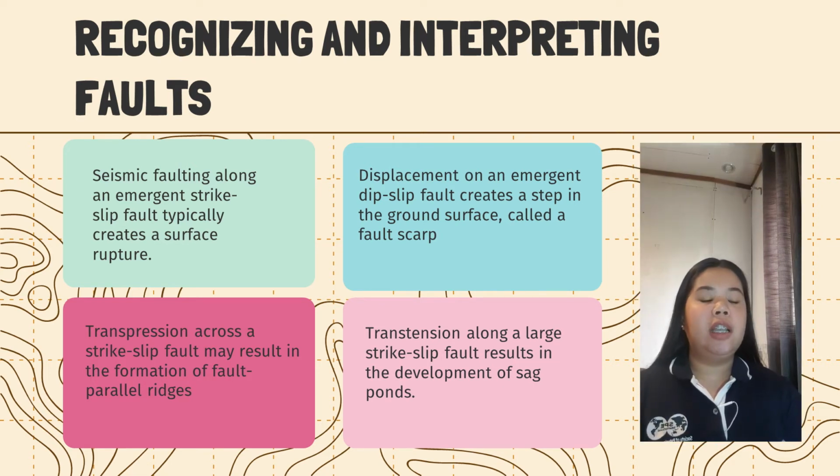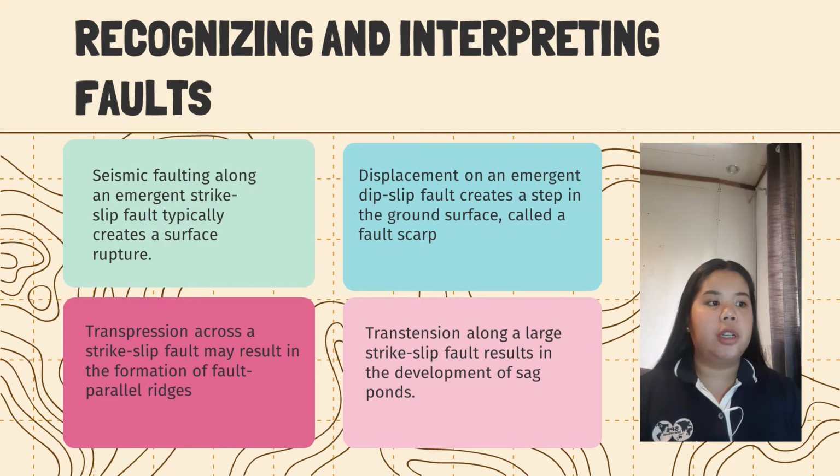Seismic faulting along an emergent strike-slip fault typically creates a surface rupture. Surface rupture is manifested by broken ground and fissures. Displacement on an emergent dip-slip fault creates a step in the ground surface called a fault scarp.